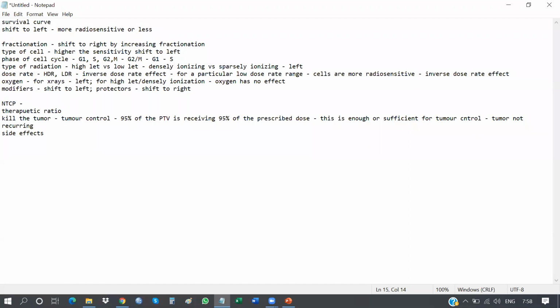Side effects depend upon the dose received by the OAR, or the organs at risk. Can anyone tell me the exact definition of OAR? This question is for final years, if there is any final year in the group.